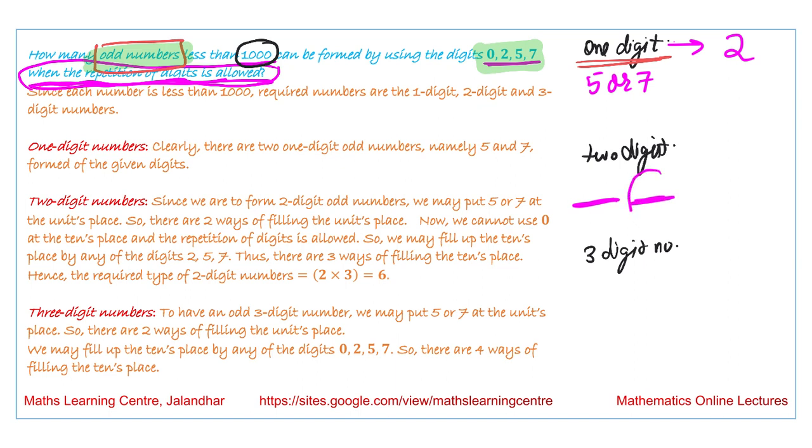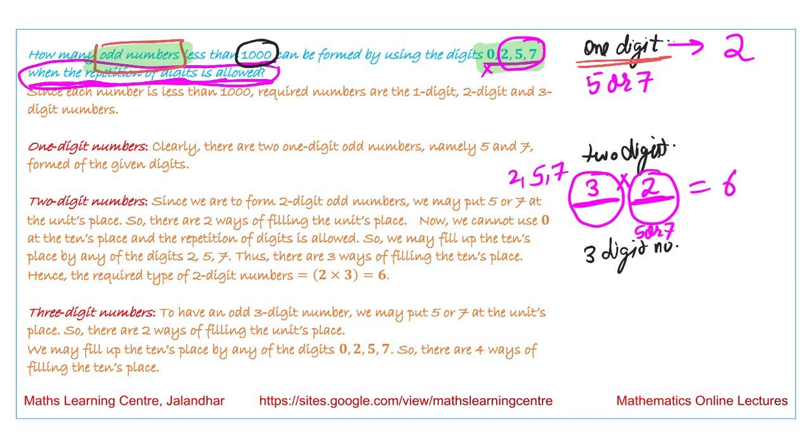The number at this place can be 5 or 7. There are 2 options. The number at this place cannot be 0, otherwise it will become a 1 digit number. So we will have 3 options because repetition is allowed. It can be 2, 5 or 7. So there are 3 options. So the total ways is equal to 6.